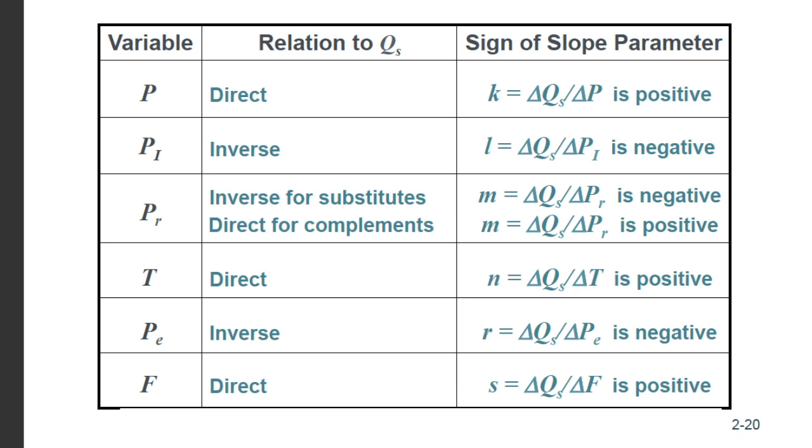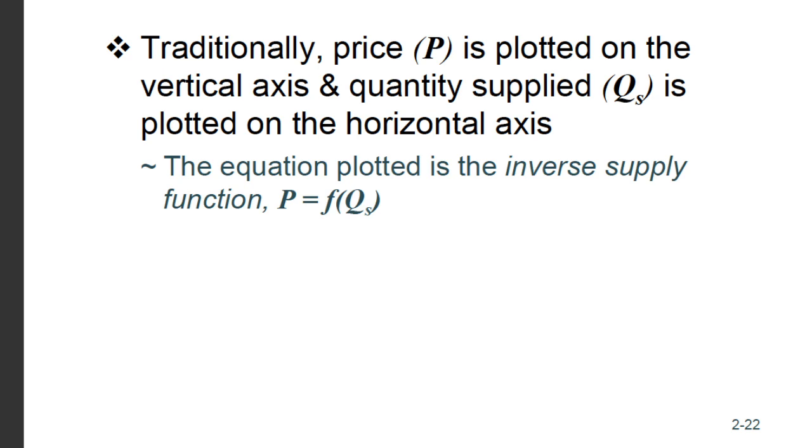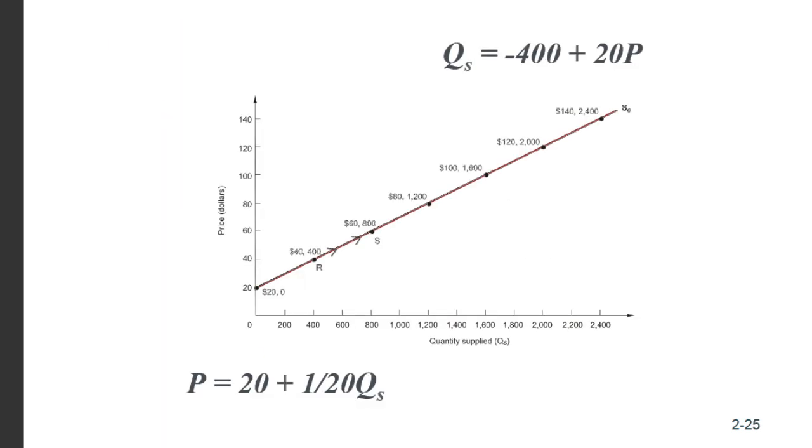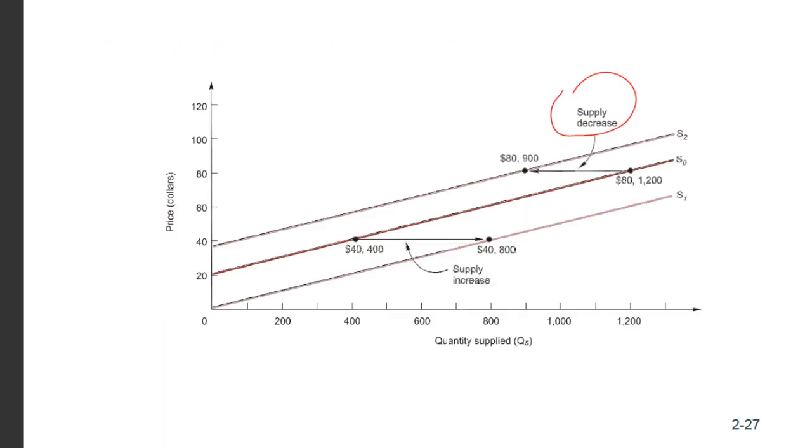So which one would be negative? So inputs, right? This one was negative. What else is negative? Substitutes and expected future price. So let's say that's its input. So input prices increase. Here input prices increase, so supply falls that way.